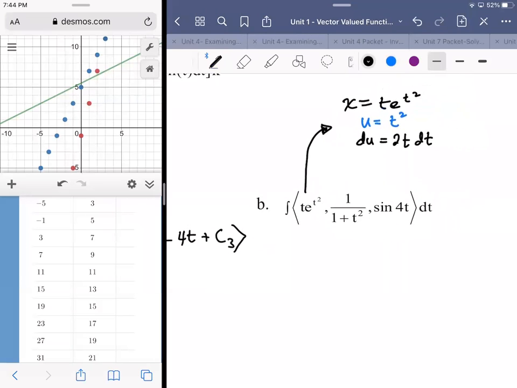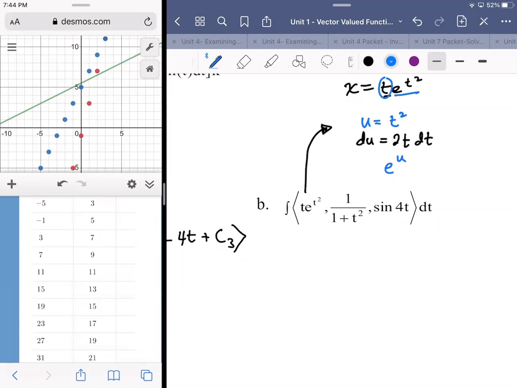And what that'll do when I'm integrating, so I'm just going to move this up here, is that'll allow me to swap out, instead of t e to the second power, I can have something in terms of u's. All right, so I already know that I can get this in terms of u, so that would be e to the u.